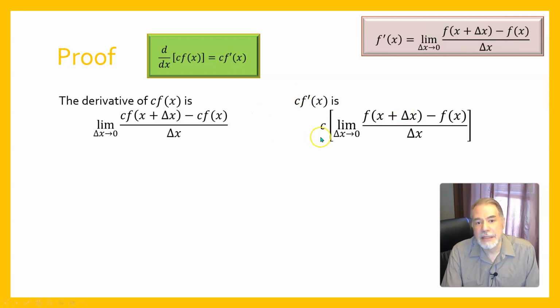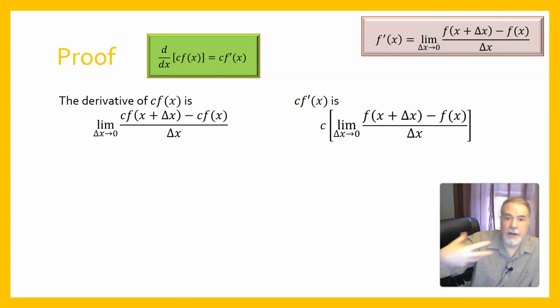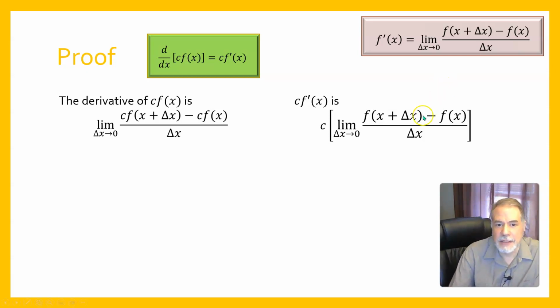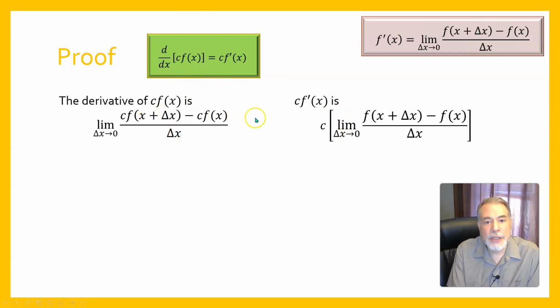And that should be c times what the definition says the derivative of f of x is. So to prove that this rule works, we just have to show that these two expressions are equal to one another, that they are equivalent. And that's not too difficult. We just have to do a little algebraic manipulation.